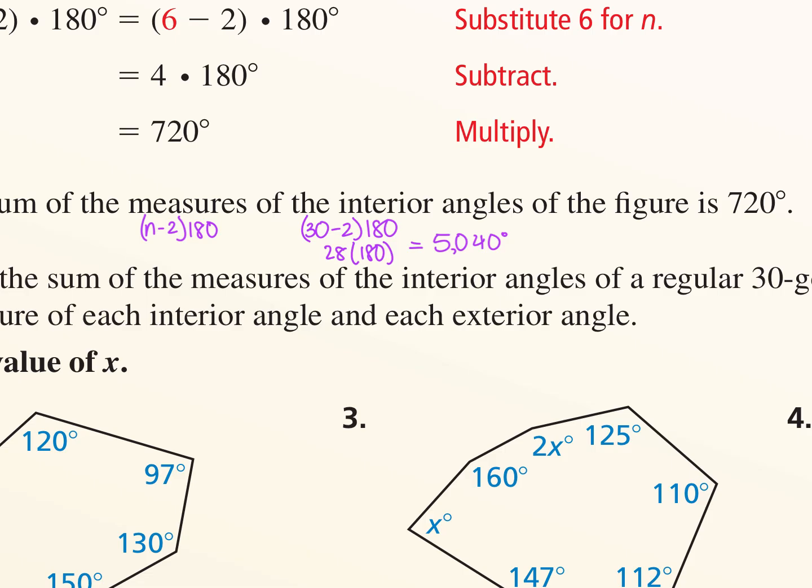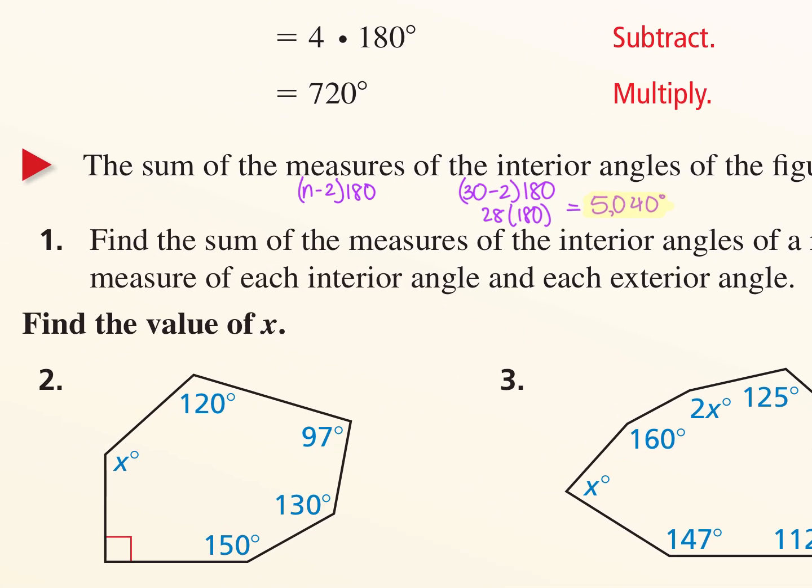All right, looking at the next thing, they asked for each interior angle. So there was a formula for that. The formula was n minus 2 times 180 divided by n, again, n being the number of sides. So I'm going to have 30 minus 2 times 180.